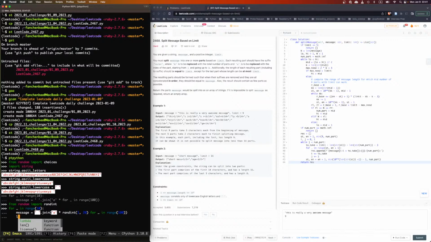And then limit is randint 1 to the length. Actually, that's not really necessary. But we do 2000. Then we're gonna print, learn the lesson, message. Then we'll print limit.